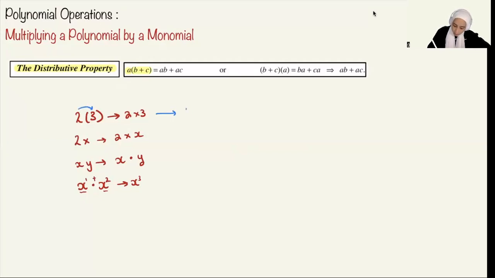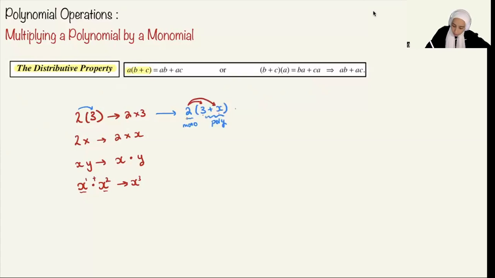Now, if I ever have a 2 and then I get 3 plus x, for instance, so I have this monomial multiplied by this polynomial, the only difference here is that instead of multiplying it by the 3 only, I multiply it by the x as well. So I multiply it by every term inside, right? So what I'm saying is I'm distributing this 2 to everything inside, okay?